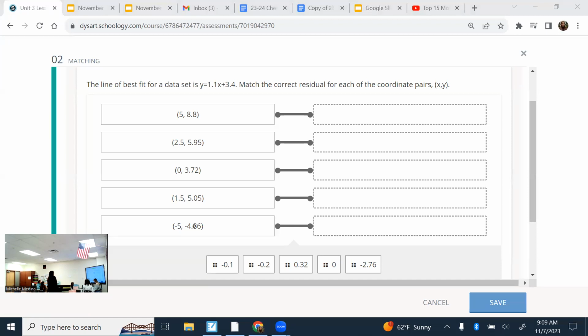Residuals have what formula? How do I calculate a residual? Residual is, it's subtracting, but subtracting what?